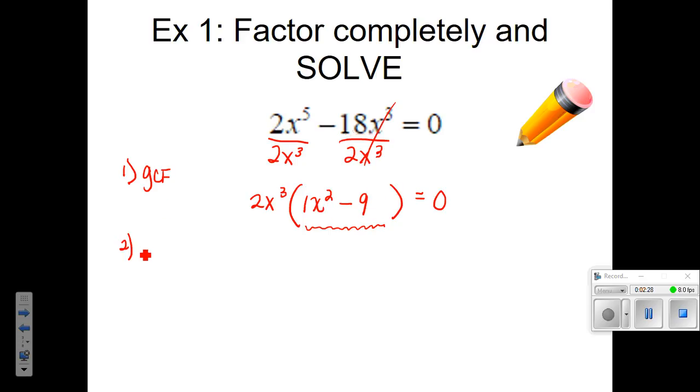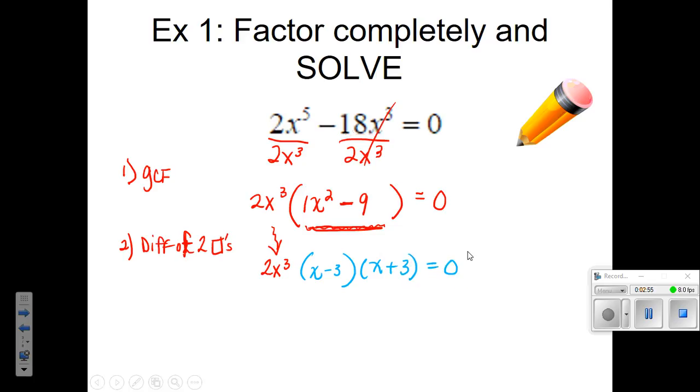So the second type of factoring is difference of two squares, and it's the difference because that's a subtraction. So I'm going to bring down what I've already factored, and now I'm going to factor this part. X squared minus 9 factors into x minus 3 and x plus 3.